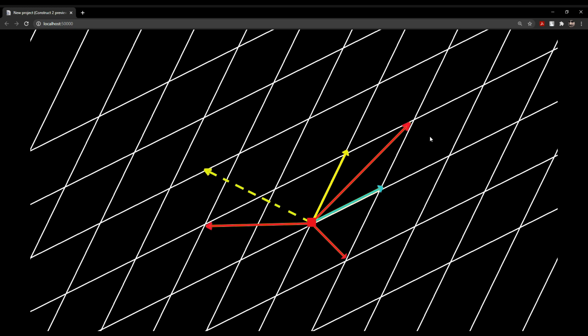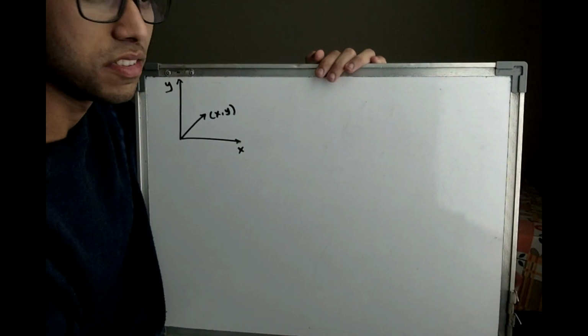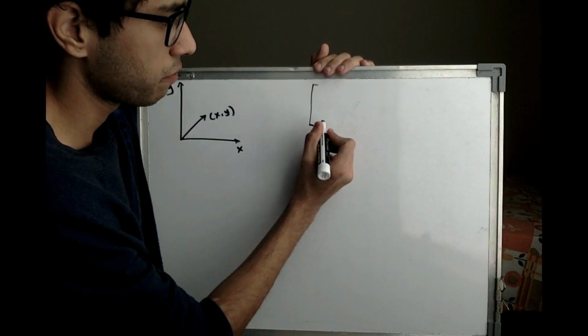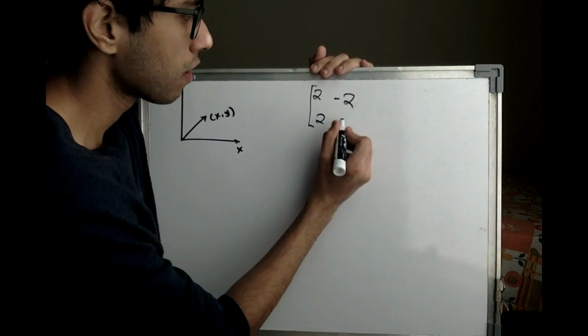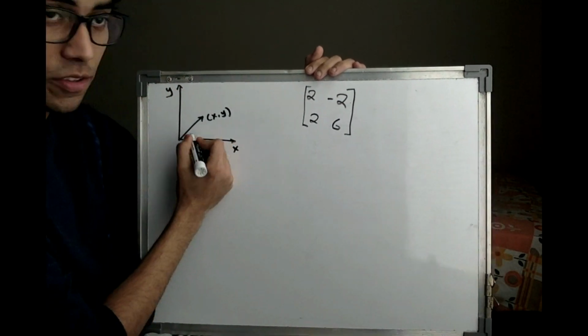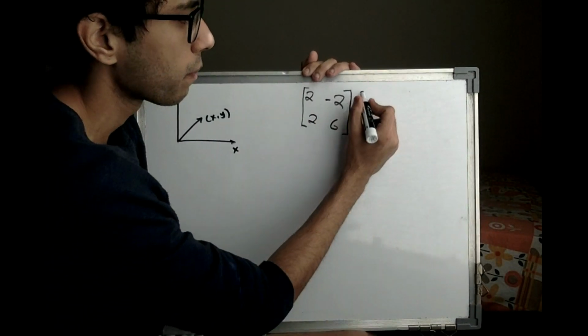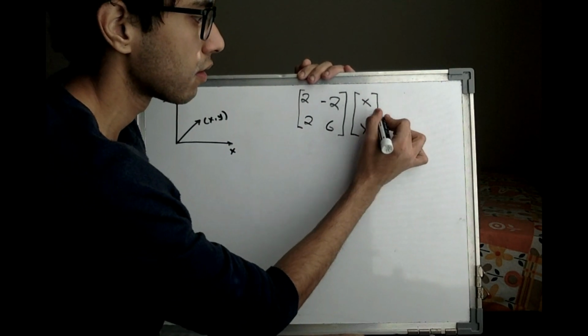Now let's see how to calculate the eigenvector for any other matrix operator or any other operator in general. So calculating eigenvalues is easy. Let's consider a random matrix 2, minus 2, 2, and 6. And let's try to operate it on this vector x, y.